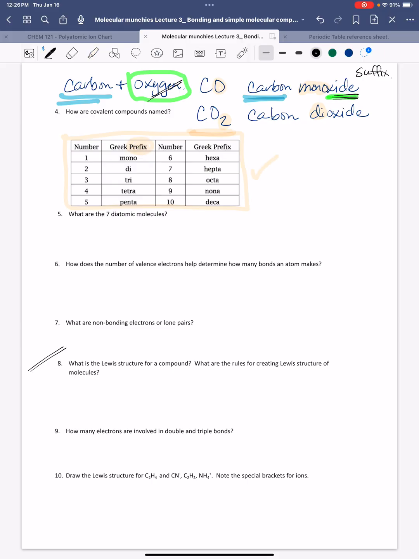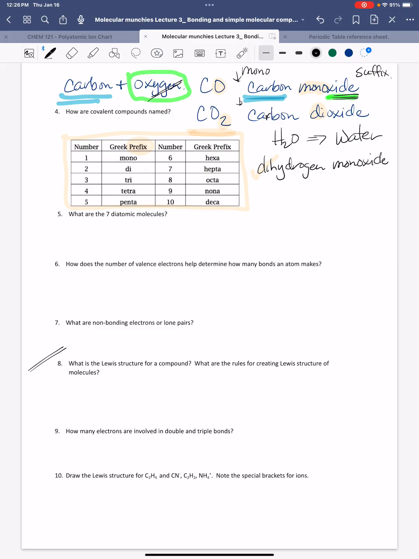I just spelled carbon wrong. You'll notice that we don't have a prefix here. You can put mono on here if you wanted to, but it's just redundant. And an example of maybe something you've talked about in another chemistry class, we have a common name for water, but we could call water dihydrogen monoxide.